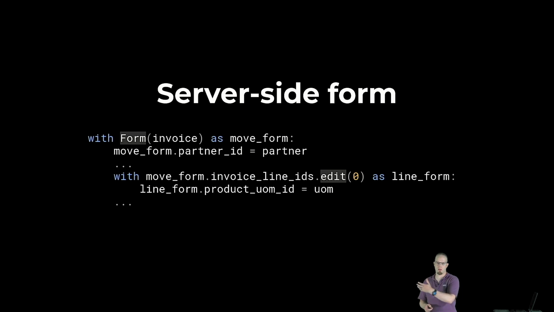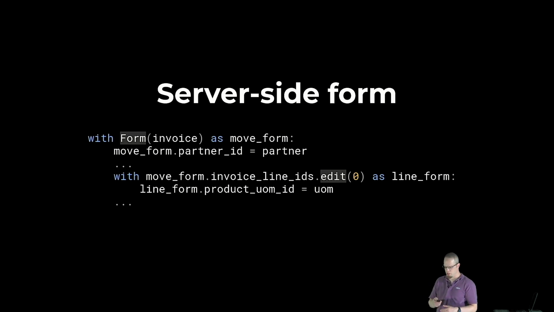This is the other way to use the form view: when you have an actual record, you can use the form on it, and you can use it as a context manager. Here you say, I'm going to edit the record invoice through a pseudo record called move form.